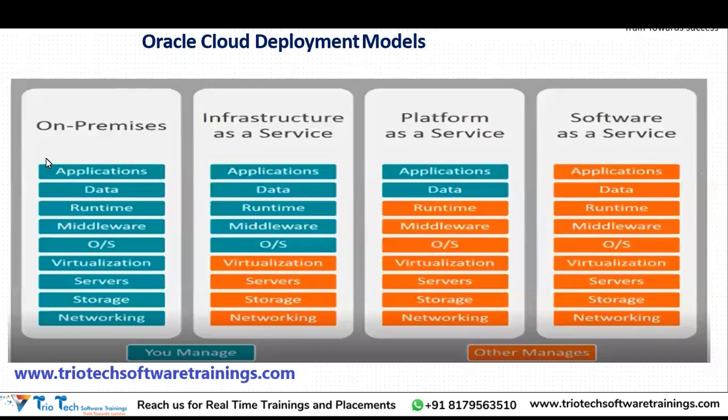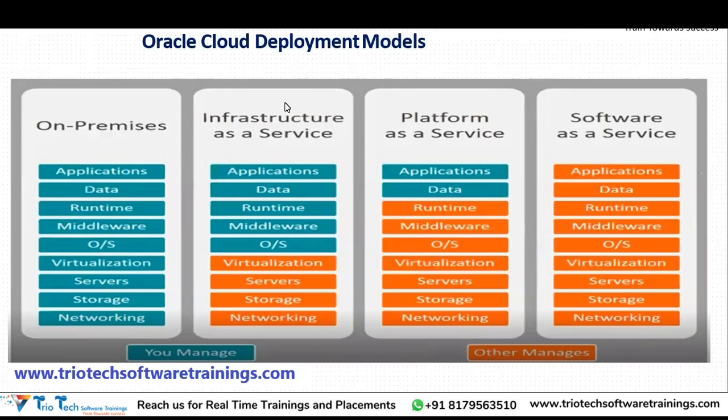In the on-premise model, earlier everything was managed by the business itself, the clients who are purchasing the licenses. Only the required software was provided by Oracle, and then the entire infrastructure required to run had to be maintained by the client. Nowadays it is not there, so that is why it is called a traditional model.